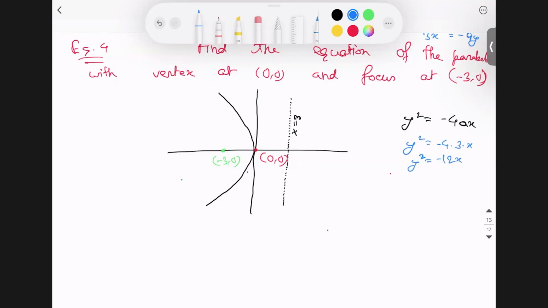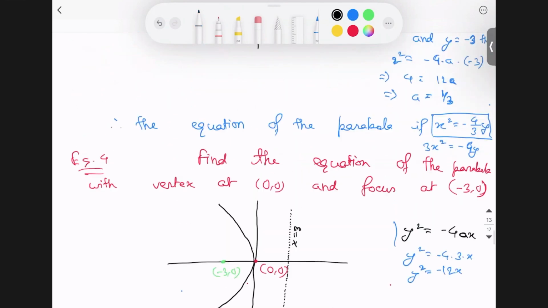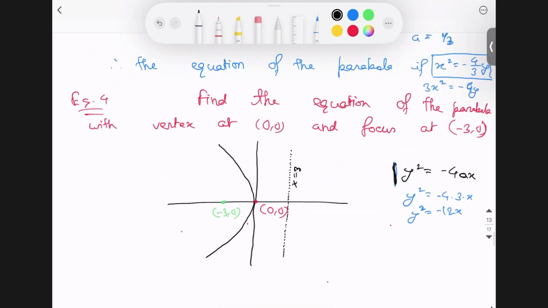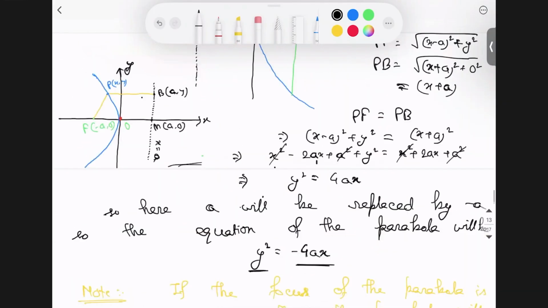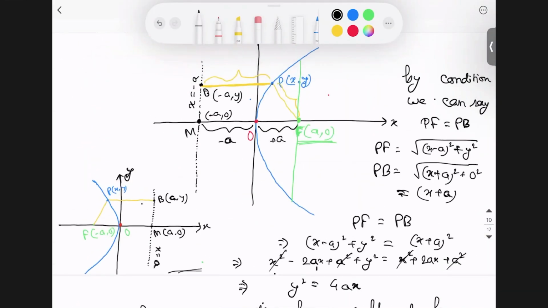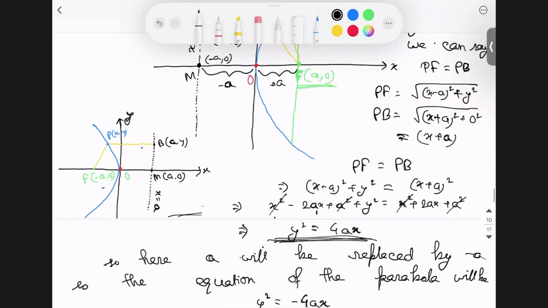Now one may get confused at this point about why I have put a equals to 3 instead of minus 3. You shouldn't get confused, because this is the form of the equation of the parabola which looks like this. Whenever we obtain the equation of the form y squared equals to 4ax, we replace a by minus a here, and we obtain this equation.